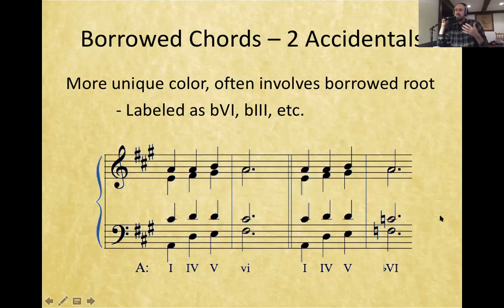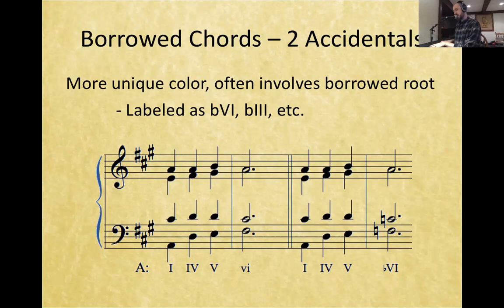But is F natural, or even this entire chord, this F major chord, really so foreign from A? No, not really, because we would have an F major chord as the 6th chord in A minor. We're borrowing from the parallel minor. And so F major may seem like it doesn't fit in A major.